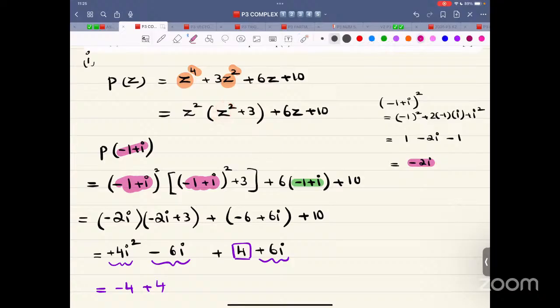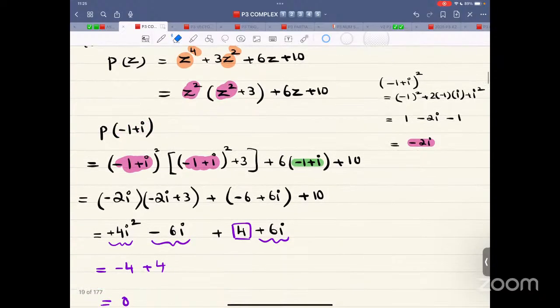So now over here, this is z squared, this is z squared, and I am plugging this thing over here. Let me just remove this thing for right now. Okay, so basically, wherever there is z, let me plug in minus 1 plus i, but do a little bit of simplification first, rather than putting everything over there and creating a mess. So minus 1 plus i whole squared is this thing.